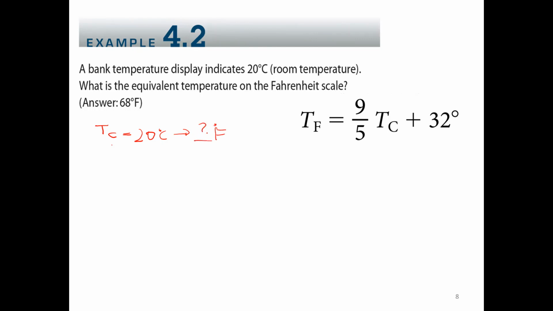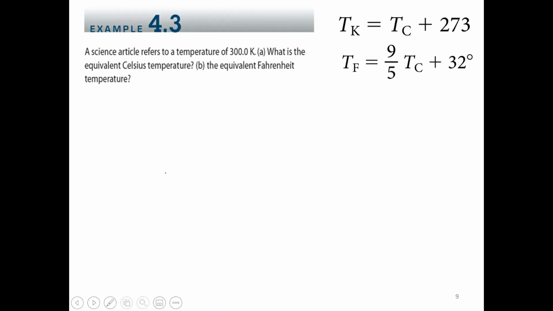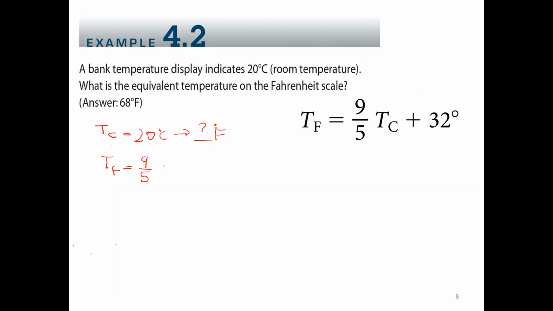We don't know how much this is in Fahrenheit, and because we know the temperature in Celsius, we just plug in that value: 9 over 5 multiplied by 20, plus 32.